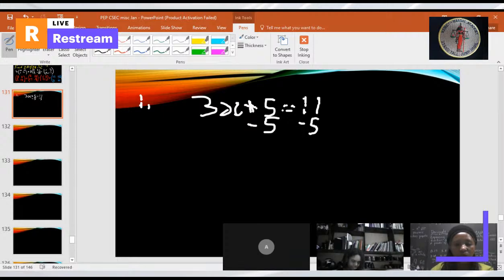So plus 5 minus 5, that's gone, because 5 minus 5 is 0. So we have 3x on the left, and then 11 minus 5 is 6. Now we don't want 3x, we want x.